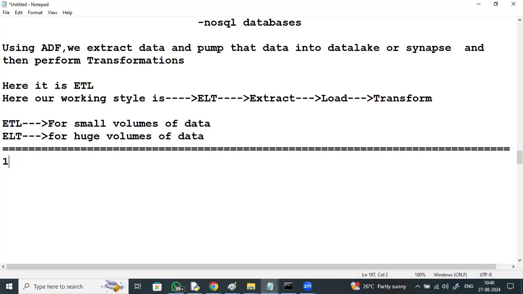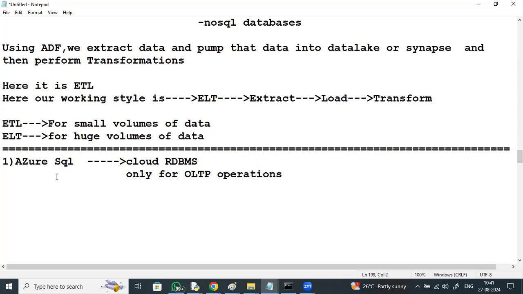First, what is Azure SQL? In a simple way, it is Azure structured SQL data. It is a cloud DBMS, and only for transaction, OLTP operations.